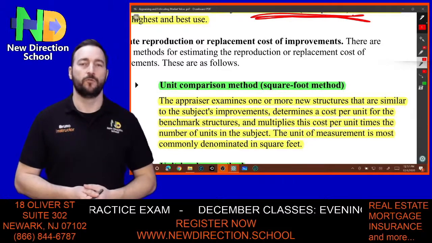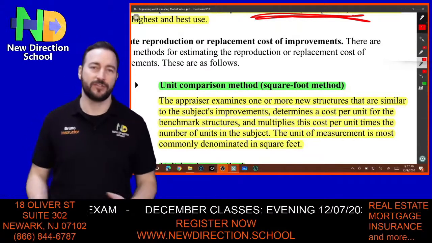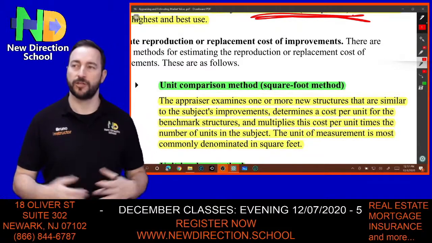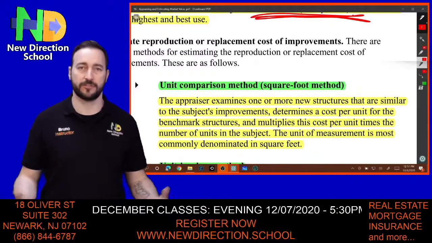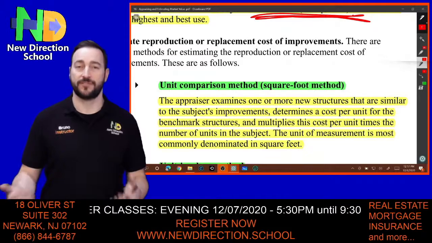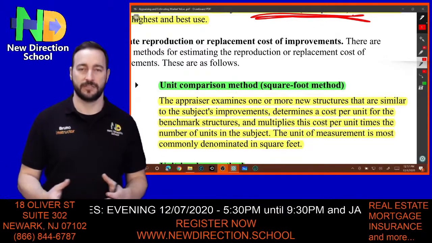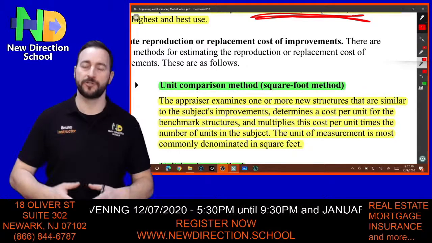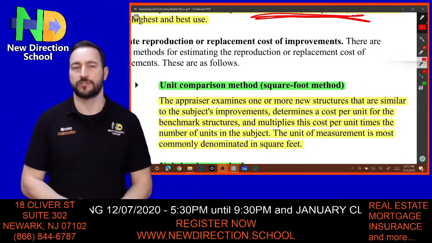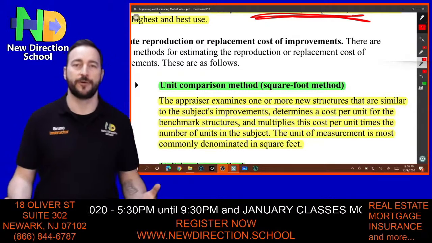Most people do this nowadays: we can look at, hey, I have 1,000 square feet right here. For you to build this room, it costs roughly $20 a square foot. So if I have 1,000, how much does it cost to build this room? $20,000. Does that make sense? So if we put the whole building, how much does it cost to reproduce or replace the building?